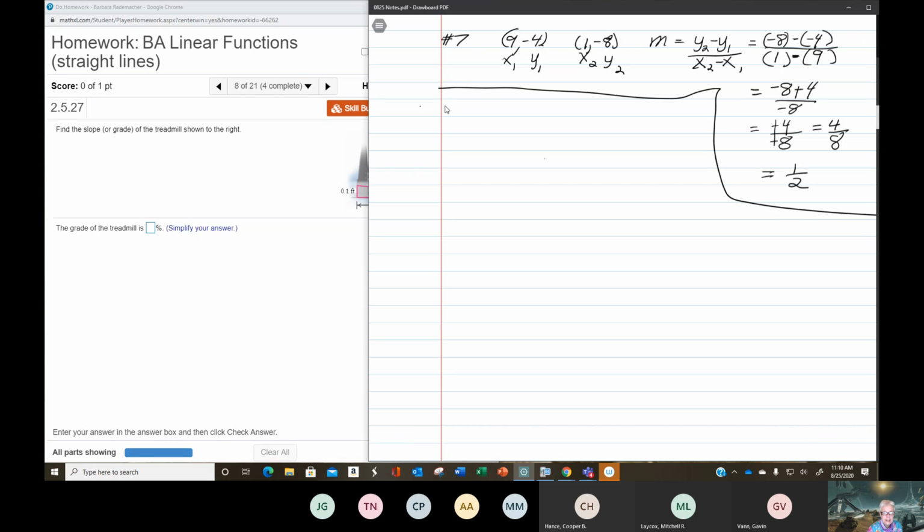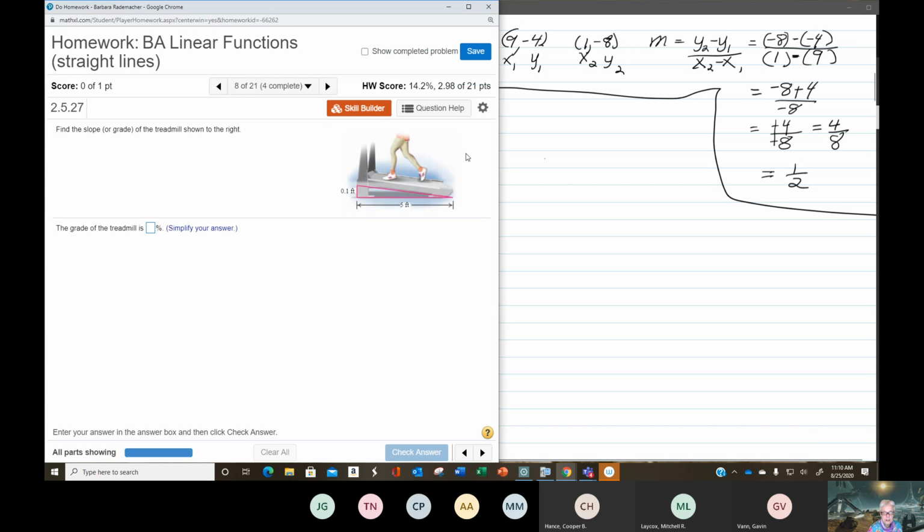We've got number 8 here. And here we've got a female, appears to be, on a treadmill, stylishly, forget the word, but anyway, she's stylishly dressed. We need to find the grade.